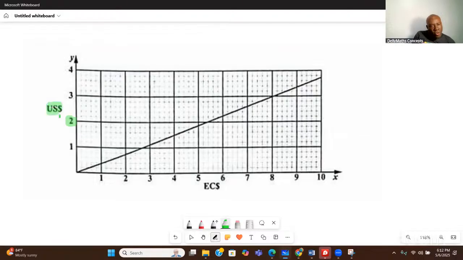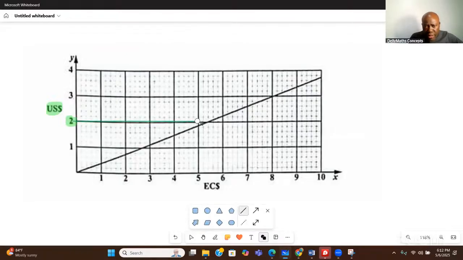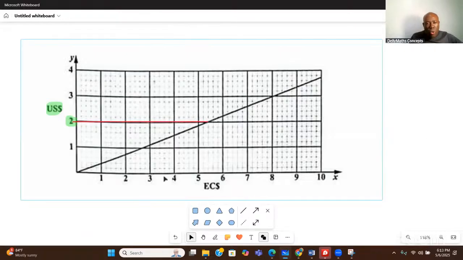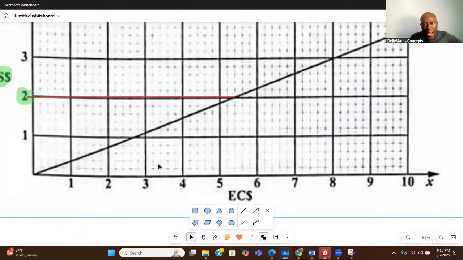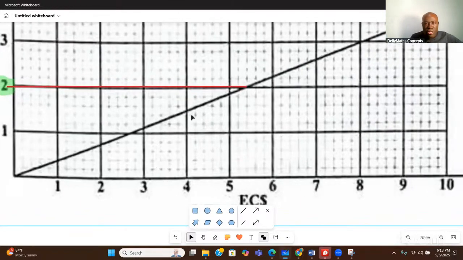So we're going to take a line and move it from here to here. I think I want to use red this time. And you want to stop right where it touches this. The moment it touches it, you stop.